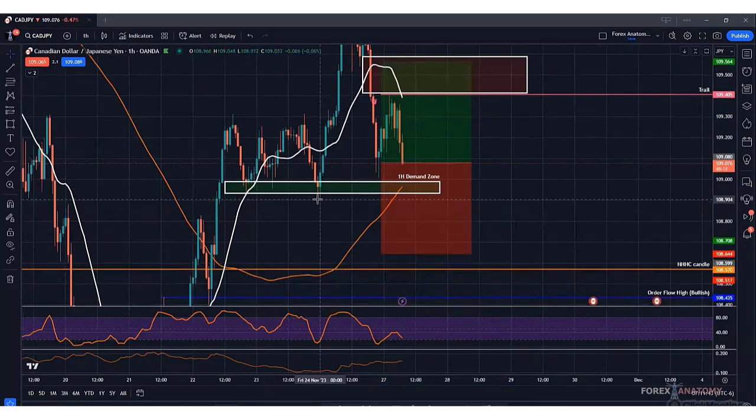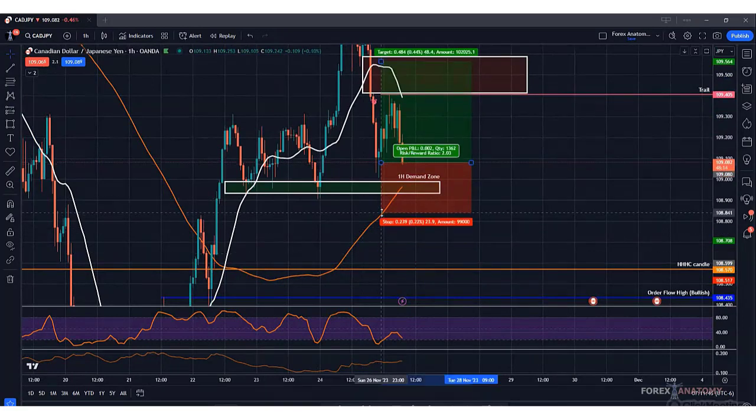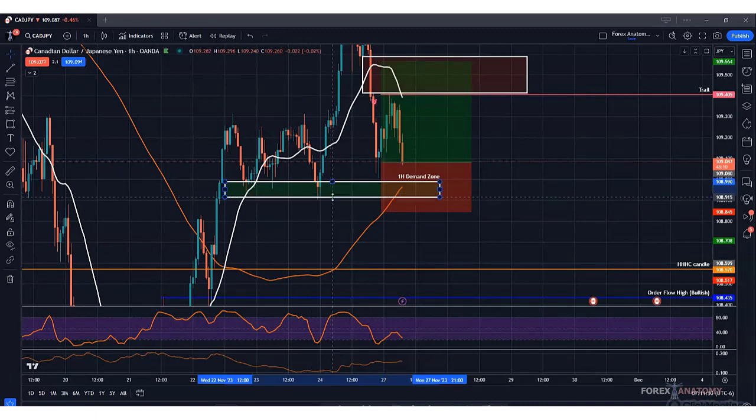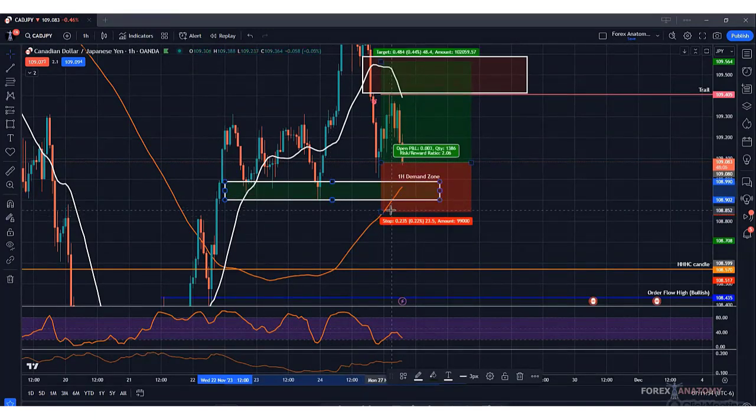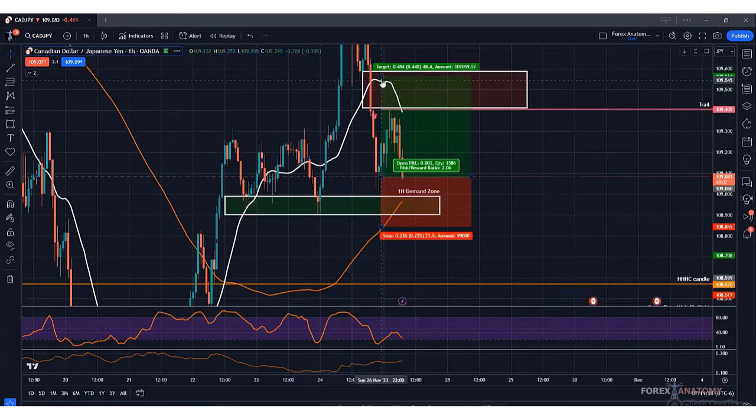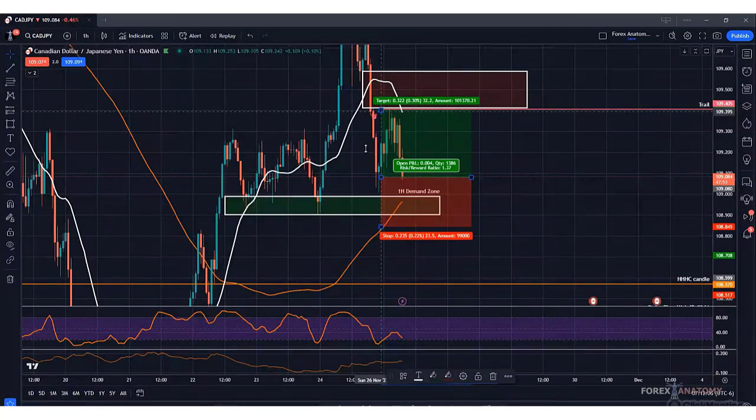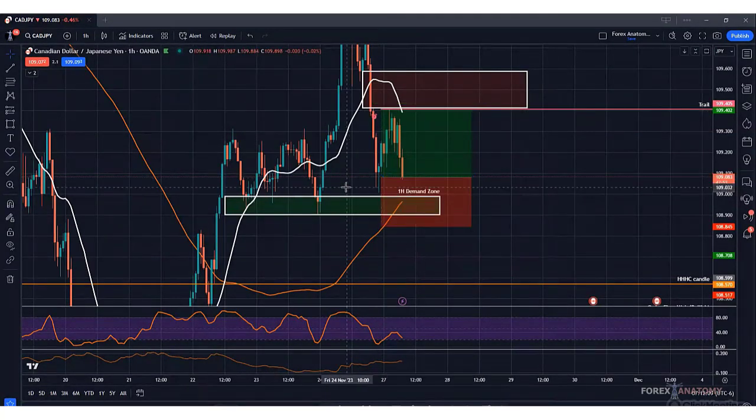We could have had our stop slightly below this zone right here, and that would have been better, because then I could go for something like this and still come out with at least a 1-to-1. Of course, it didn't happen the way we wanted.